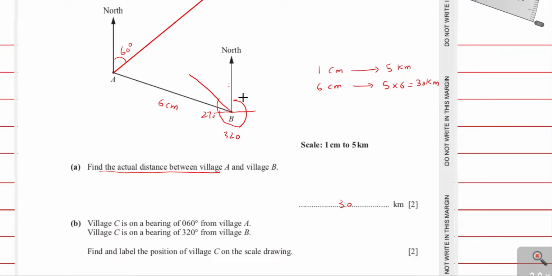In the anti-clockwise direction it will be 360 minus 320, which is a 40 degree angle. Therefore, for clockwise 320 degrees, we will draw the 40 degree angle from the north in the anti-clockwise direction.